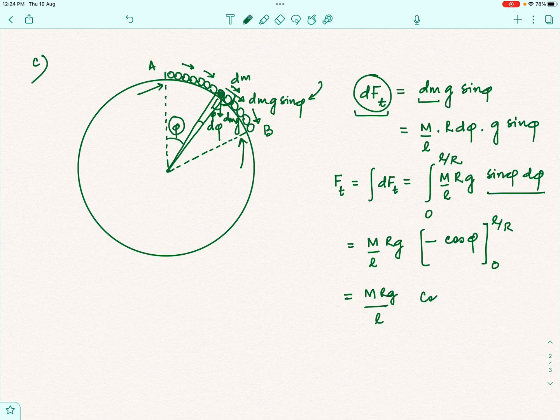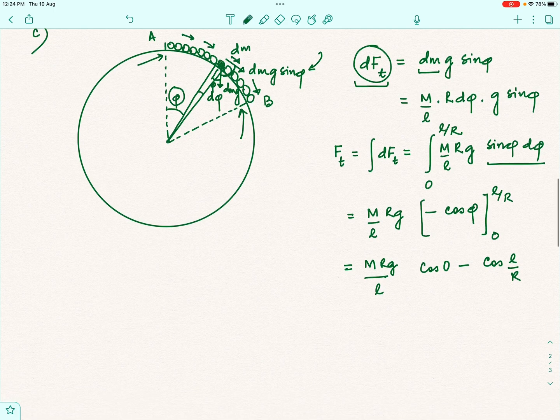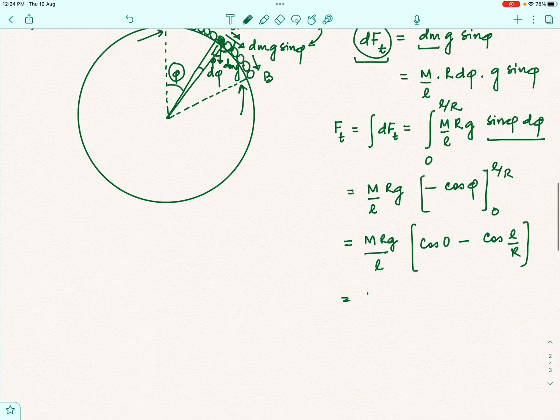So, we will get a cos 0 first, cos 0 minus cos of L by R. This is what we shall get, and we see that cos 0 is 1. So, this can also be written as m r g by L into 1 minus cos L by R, which is our final answer for the tangential force.